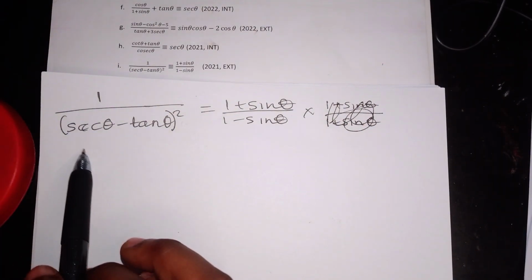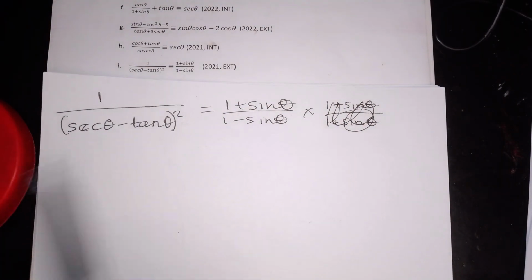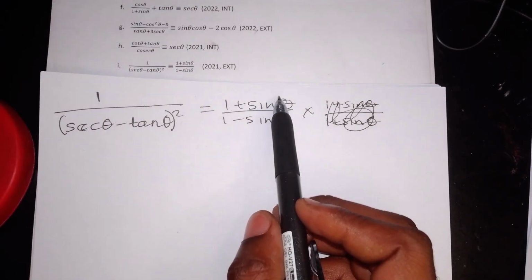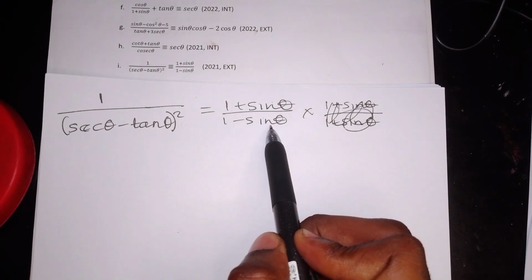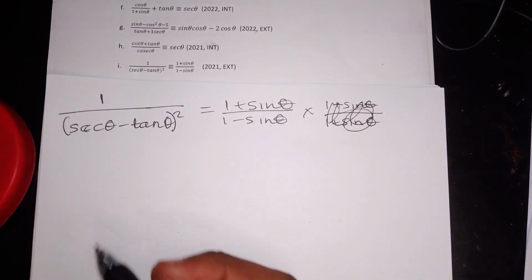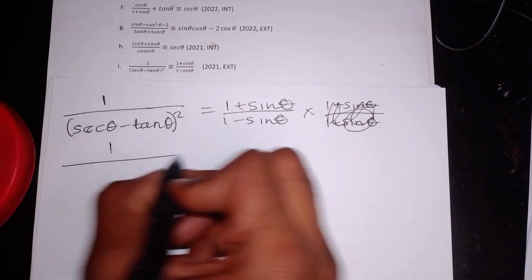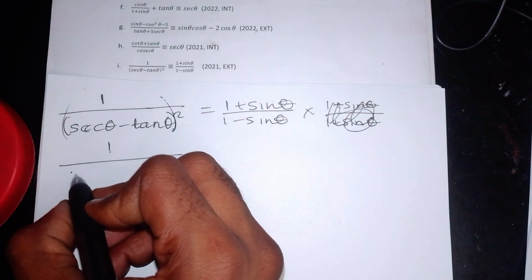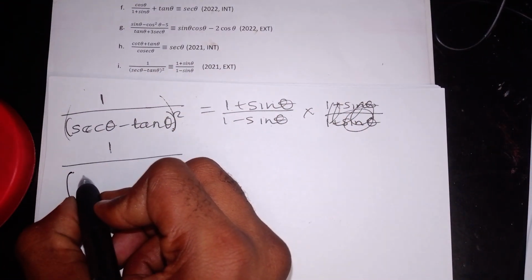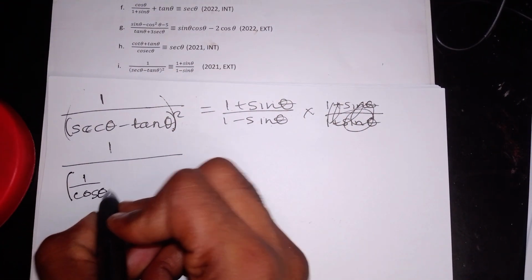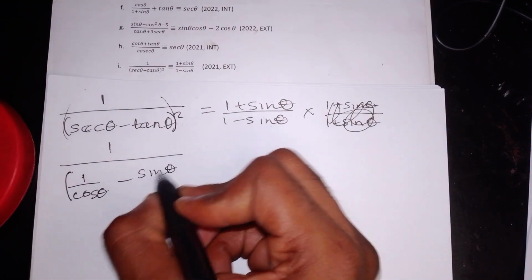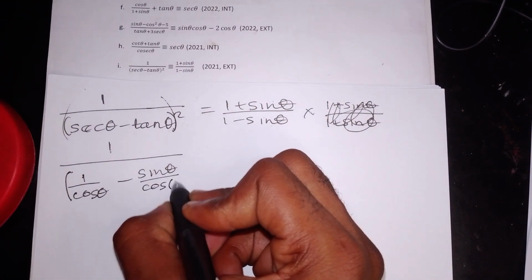So to change this into this, as you can see, we only have sine here, both in the numerator and the denominator. So I'm going to change these things before I even square. In fact, I can even do this. So this one will be 1 over cos theta minus tan, which is sine theta over cos theta.